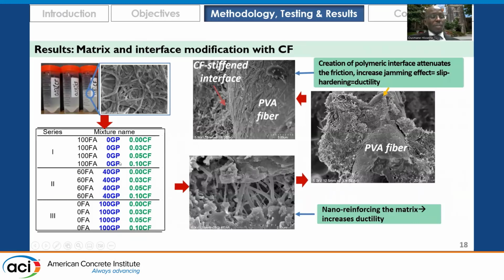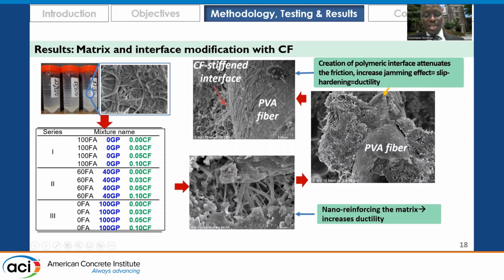That's what we can see here. By selecting 3 classes of SHCCs that we tested, the reference one without glass powder, the 40% glass powder SHCC, and the one that has 100%, and incorporating cellulose filaments at those levels, we can see a twofold effect.